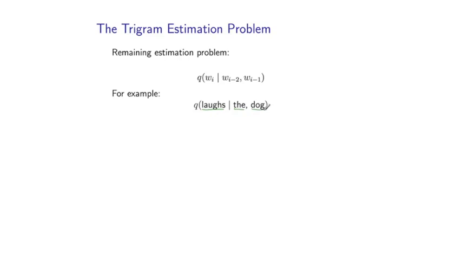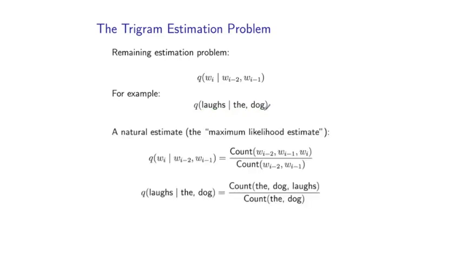And it turns out to be quite a challenging problem. Let's first talk, though, about a very natural estimate for this quantity, and this is often referred to as the maximum likelihood estimate, and it's really a very intuitive estimate. So recall again that we've assumed that we have a training set. So we have some example sentences in our language.